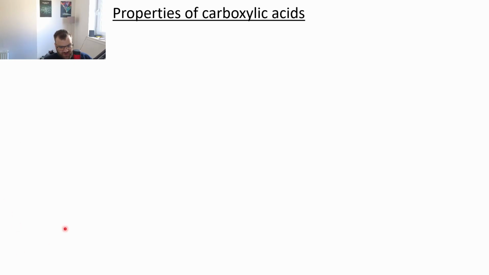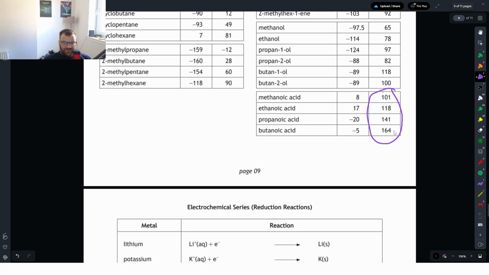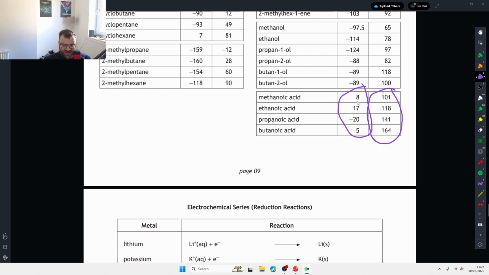Okay, what are some of the properties that we need to know about? Similarly to the alcohols, as they increase in size, their boiling points increase due to the increase in strength of intermolecular forces. And we can see that from the data booklet. Their melting points, again, are a little bit more complicated because there's more chemistry going on than we really care about just now, where initially it's increasing, but then it goes down.